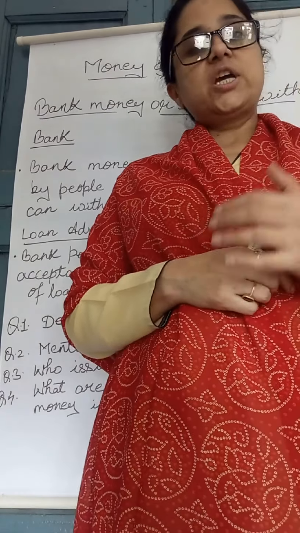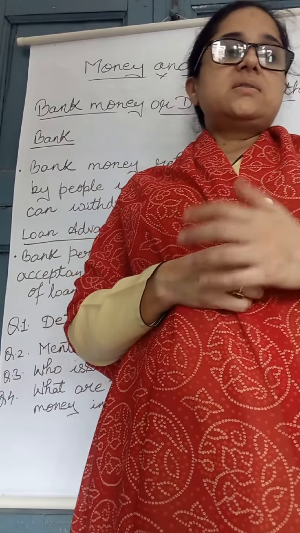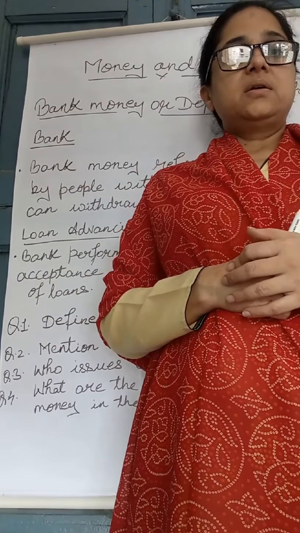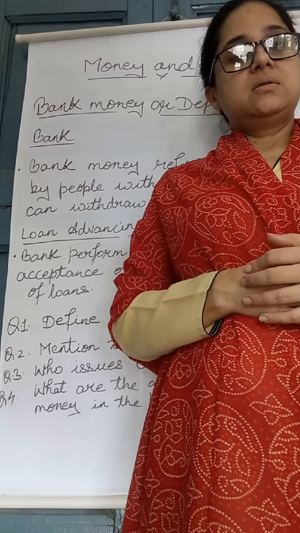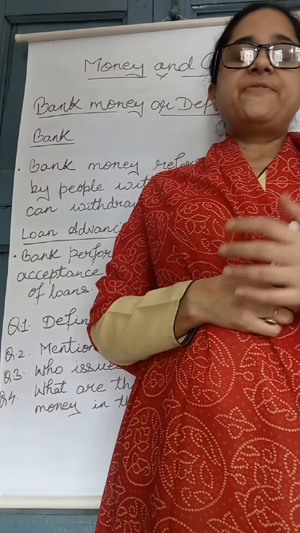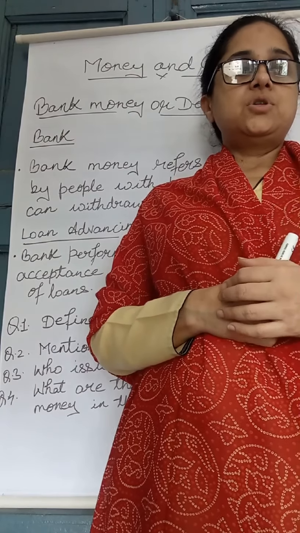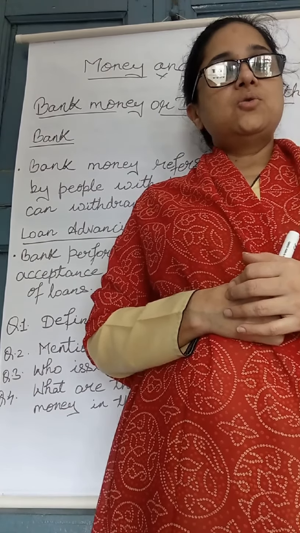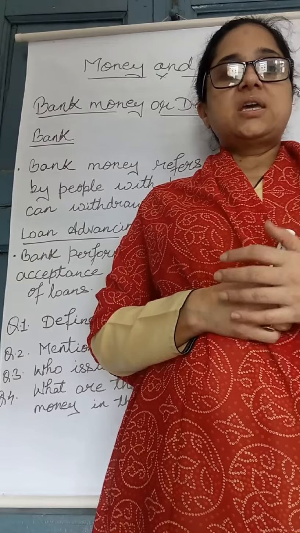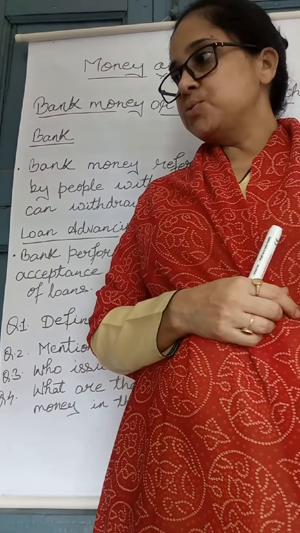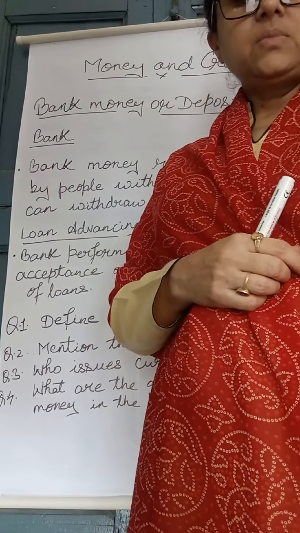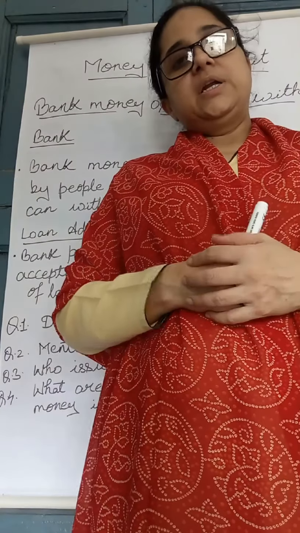Now what is a check? A check is a paper that instructs the bank to pay a specific amount from the person's account to the person in whose name the check has been issued.